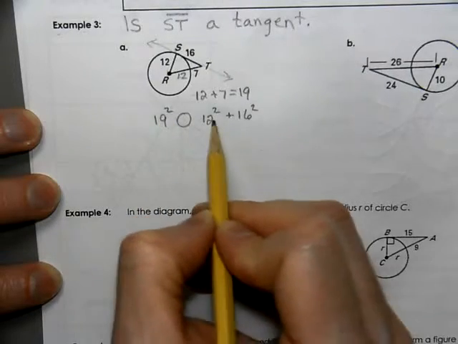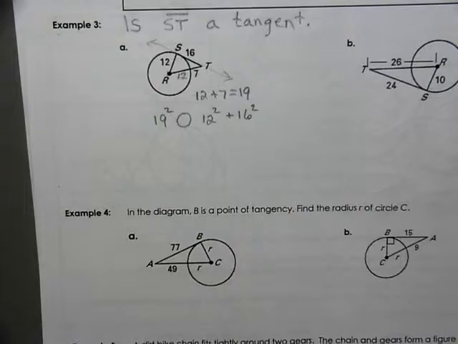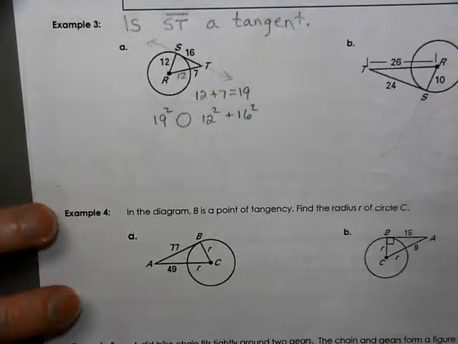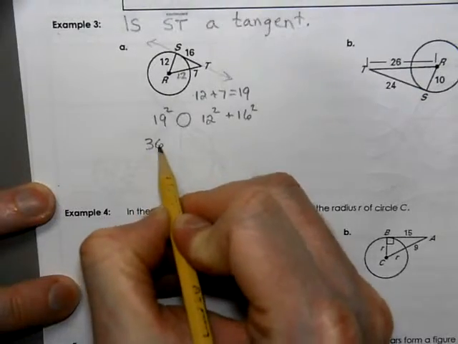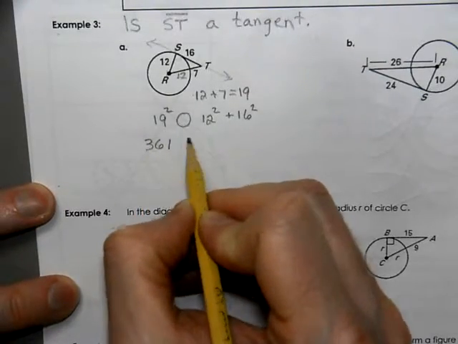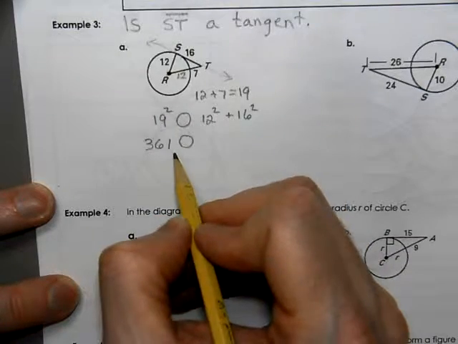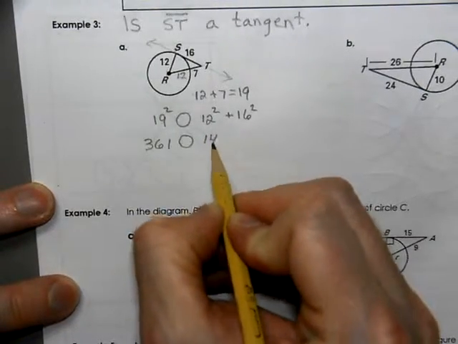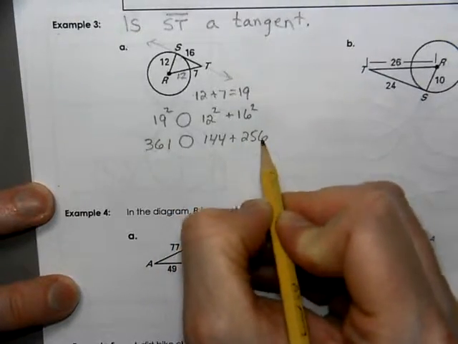So hypotenuse squared, and leg squared. So we look at 19 squared, and we're going to get 361. And we're comparing that, that's the unknown, to 144 and to 256.